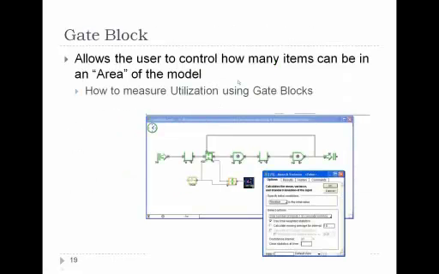One of the other things that allows are the gate blocks. Gate blocks are also one of the more powerful blocks inside of Extend.